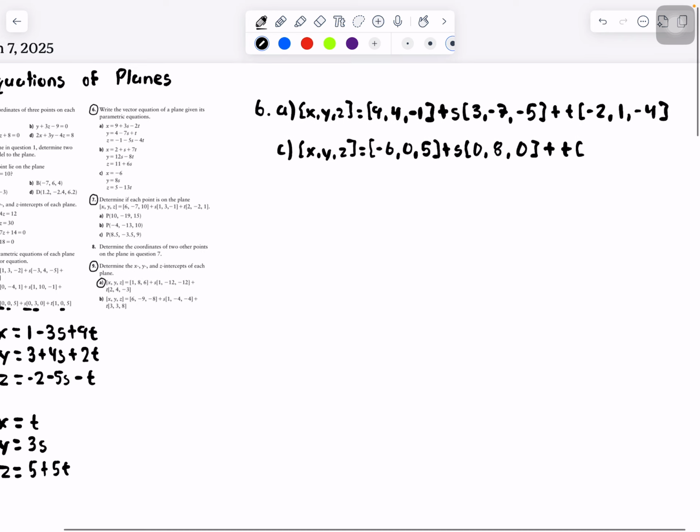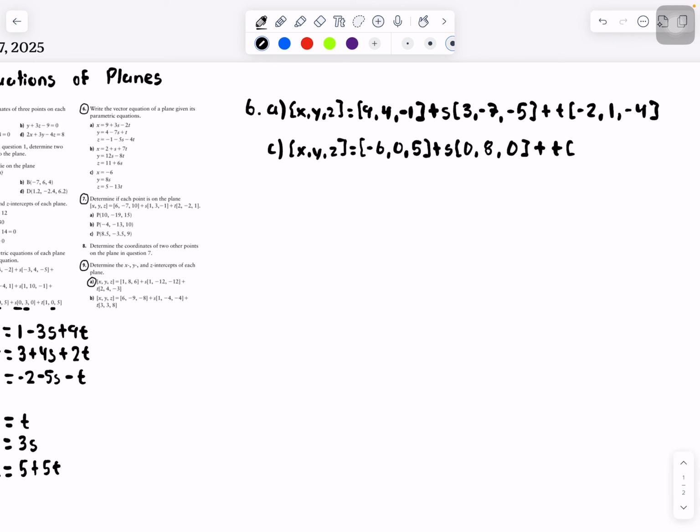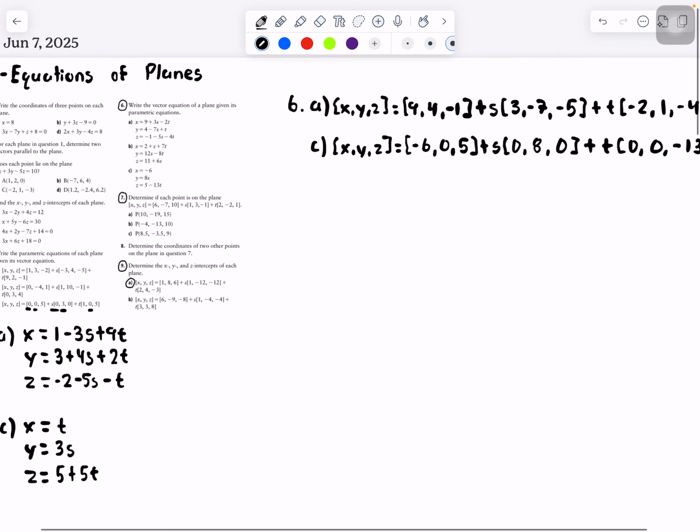So the x has no number beside the t, so we have 0, and then 0 for the y, and then -13. Okay.